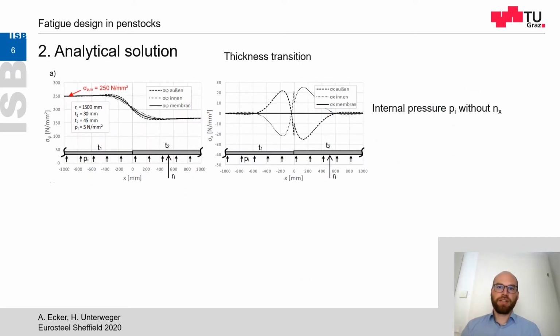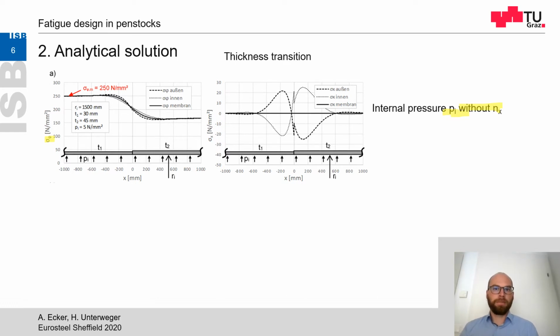Here you can see the stresses determined with the analytical solution. The first two diagrams show the result for an internal pressure without any longitudinal force Nx. The stresses in the circumferential direction are shown in the left diagram.